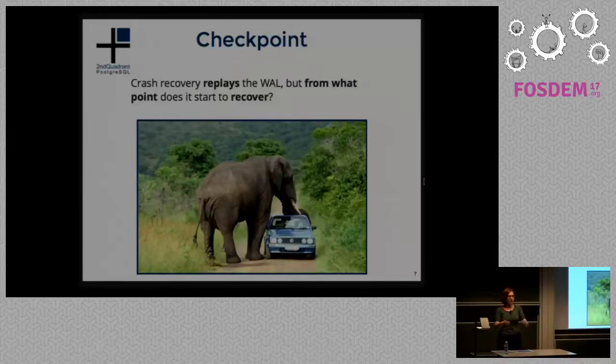Because as I said, when you commit a transaction, it is not immediately flushed to disk. There is a delay. So a checkpoint is the point that we can be sure of. Let's say you have a failure, and there is one checkpoint. You can be sure that before that point, everything is flushed to the disk. So checkpoints are very important for that reason.